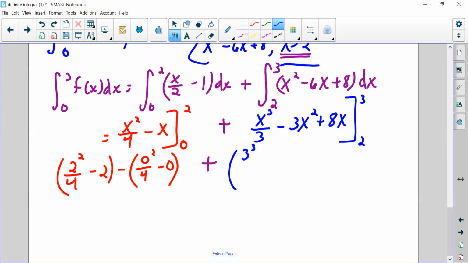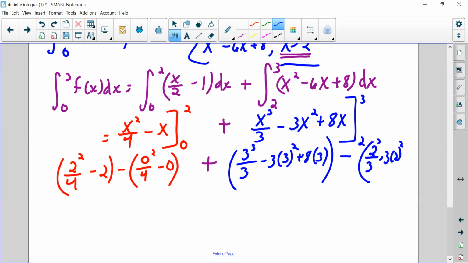So that's 3 cubed over 3 minus 3 times 3 squared plus 8 times 3, minus plugging in the 2, the lower bound, 2 cubed over 3 minus 3 times 2 squared plus 8 times 2.